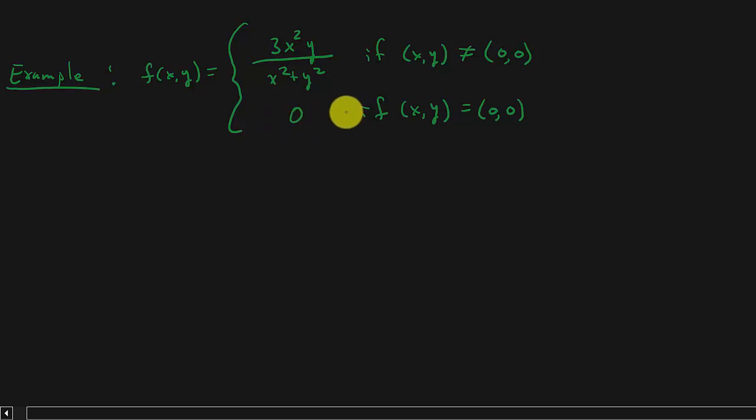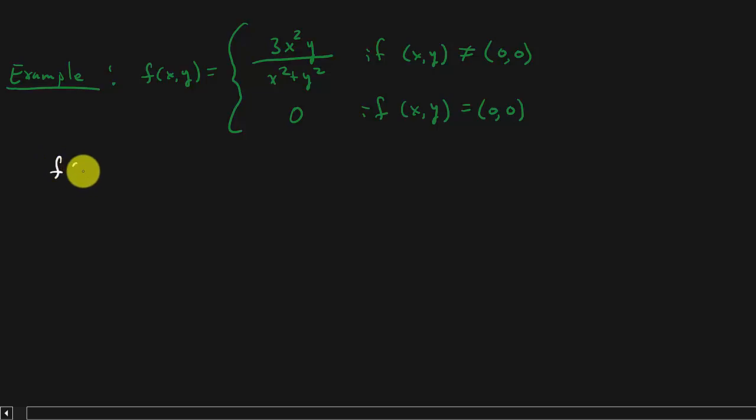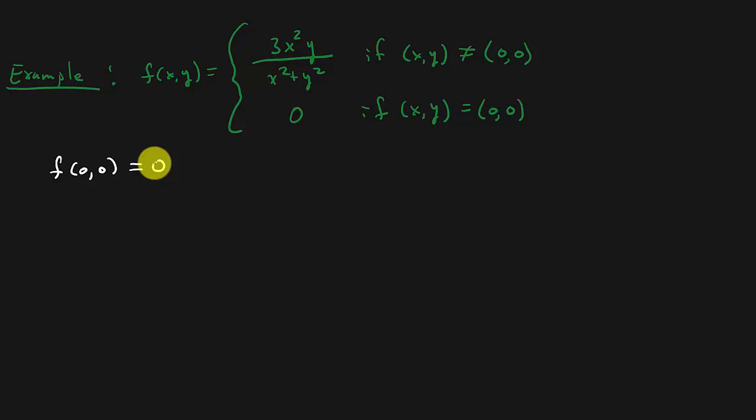And this function here, at (0, 0), is equal to 0. All right, so I know that f(0, 0) is defined, that equals 0. And now I need to show that the limit is equal to 0.